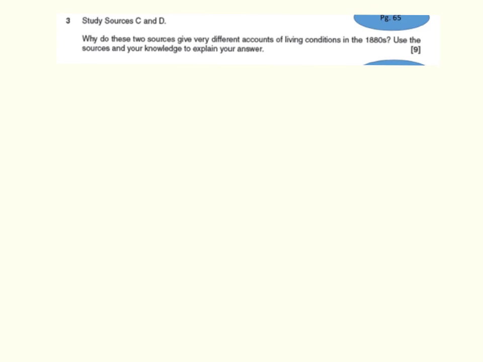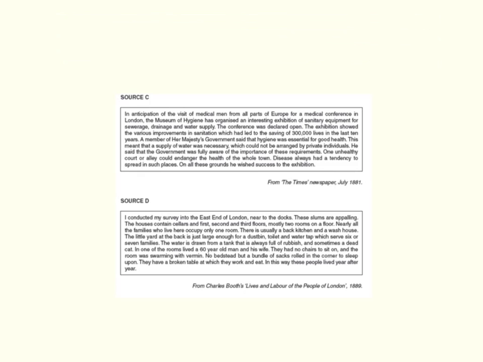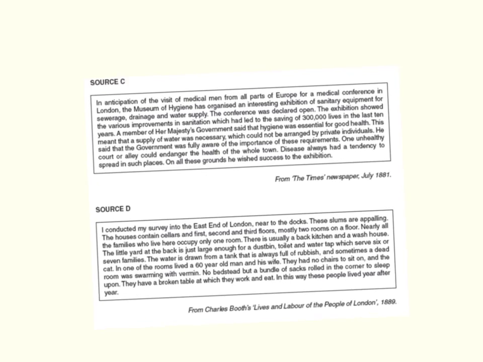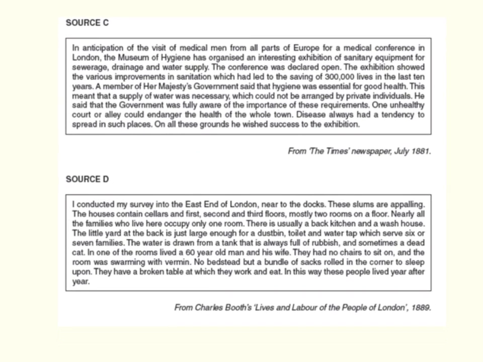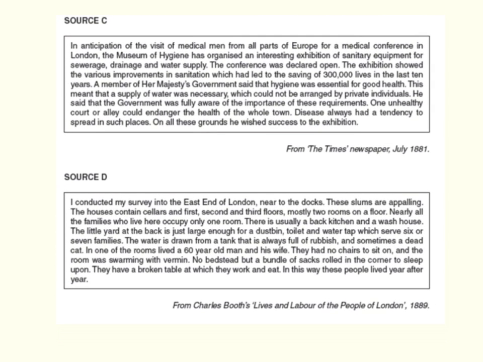So back to the actual question, why do they give two different accounts of living conditions? Well, let's have a little look at the sources first. You've got source C and source D, both really useful and both for very different reasons, but that's not the question. What it's saying is essentially why are they giving very different opinions. If you look at source C, it definitely gives quite a positive account of the public health in London and the public health reformations since the Public Health Act.